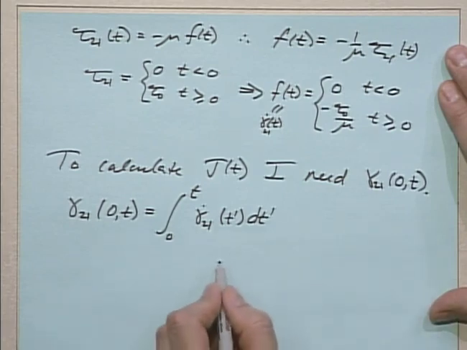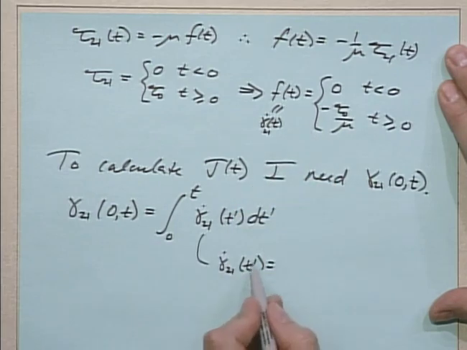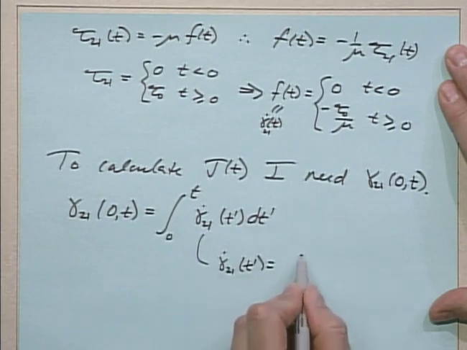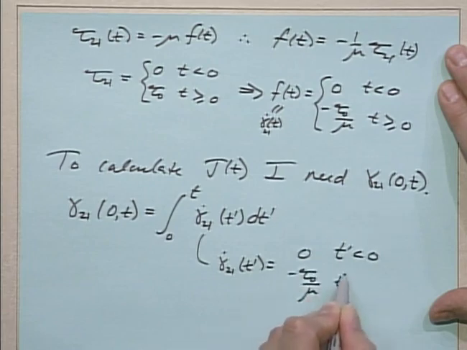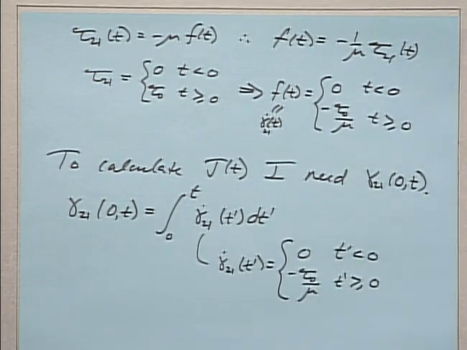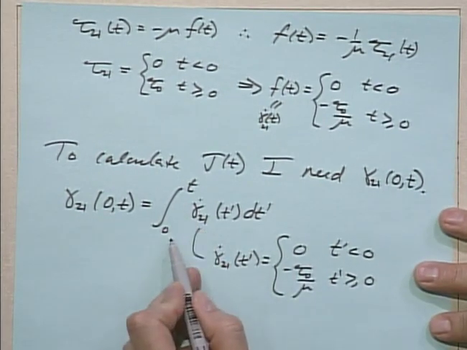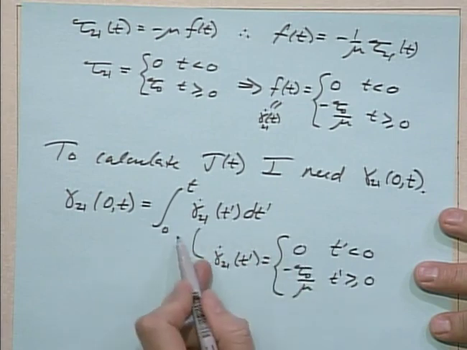And the strain rate is this function with t prime plugged in wherever there's a t: 0 for t prime less than 0, and minus tau naught over mu for t prime greater than or equal to 0. Well, when t prime is less than 0 is irrelevant because I'm doing the integral from 0 to t, so that part doesn't have any effect.